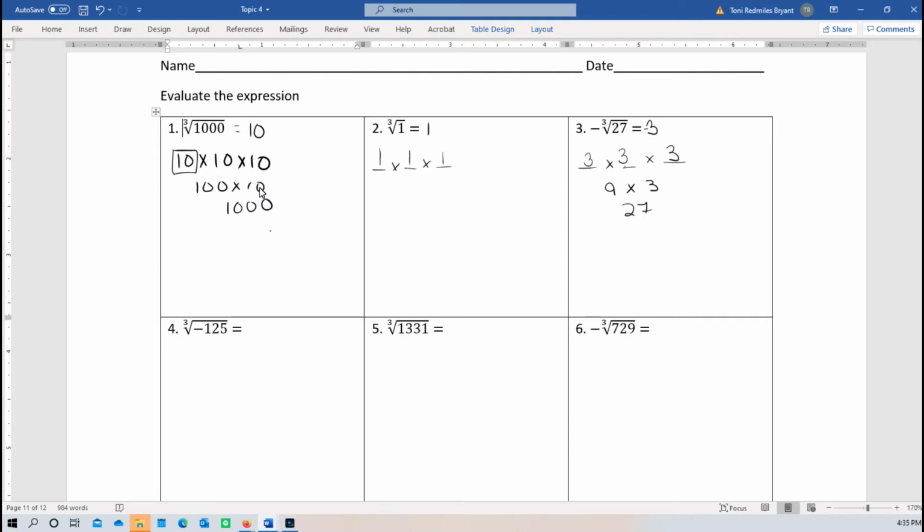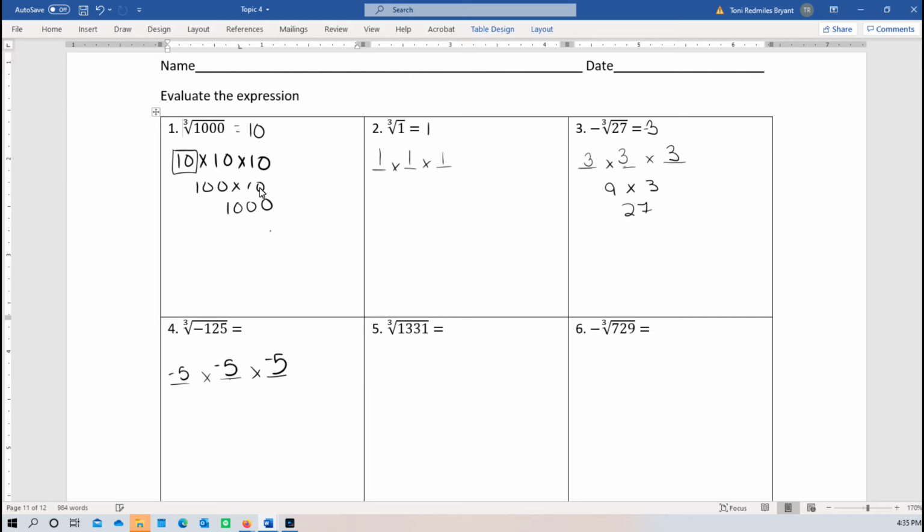All right, in this one, what 3 things are going to multiply together to be 125, and it has to be negative. Well, that's interesting, because in square roots we learned that you can't have negatives underneath the radical, but what about a cube root? Actually, a cube root is being multiplied together 3 times. Let's try negative 5.